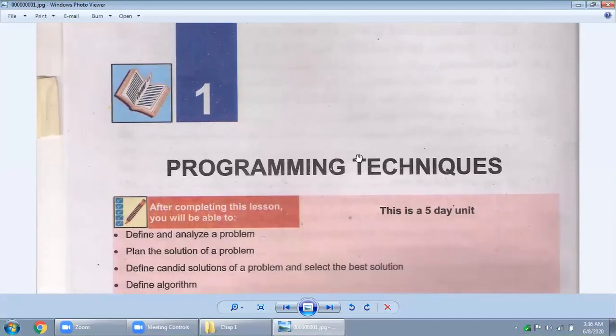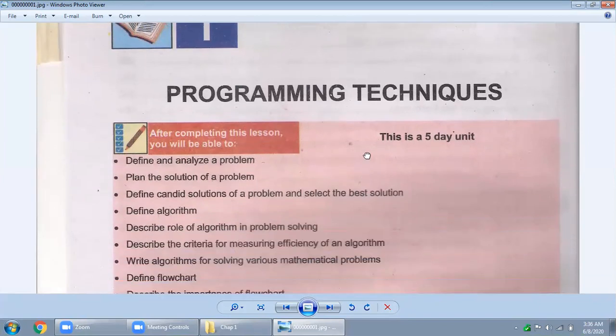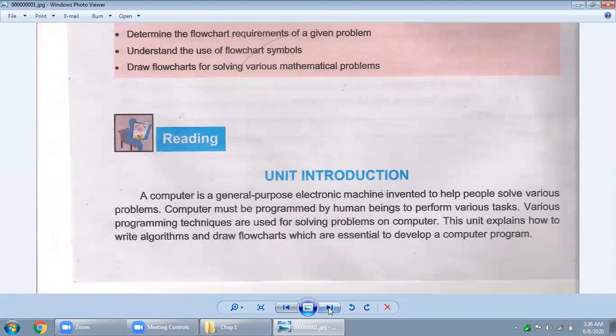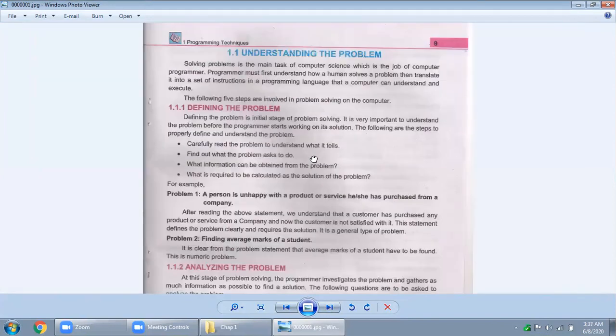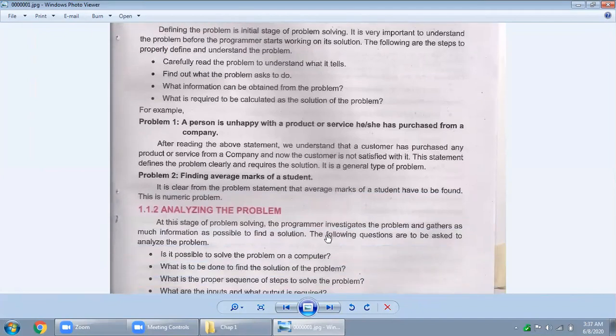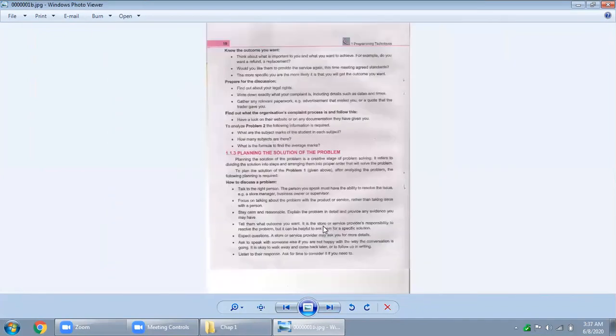Dear students, in the previous week, we were discussing chapter number 1, which was programming techniques. Overall, in the feedback of our previous lecture, understanding the problem, we discussed defining the problem and analyzing the problems.